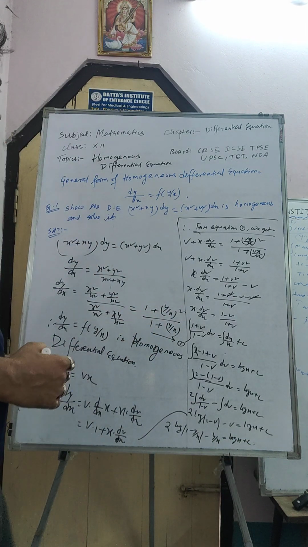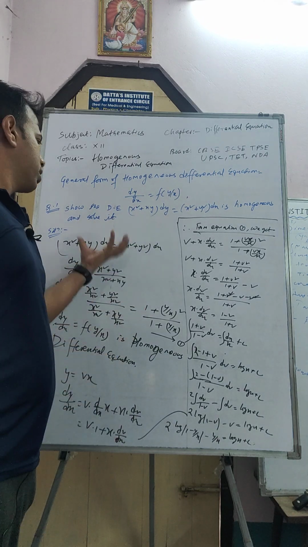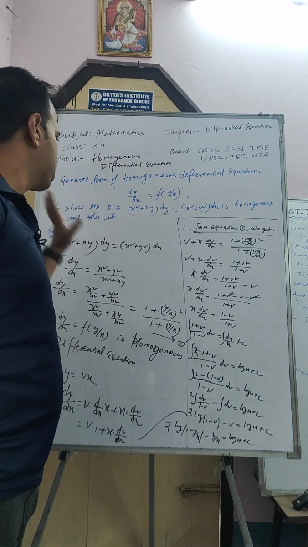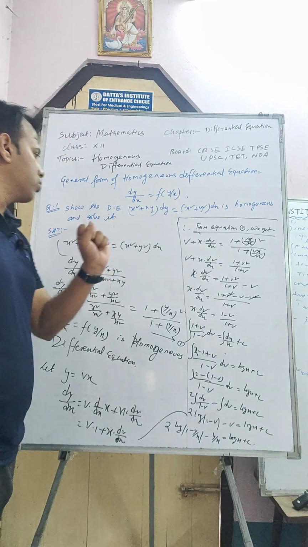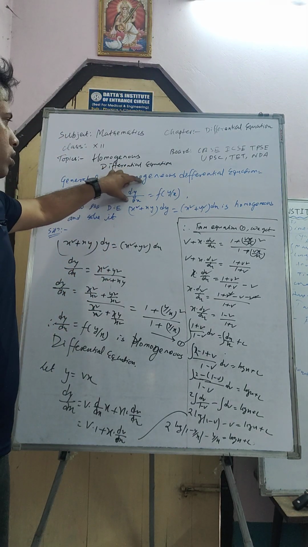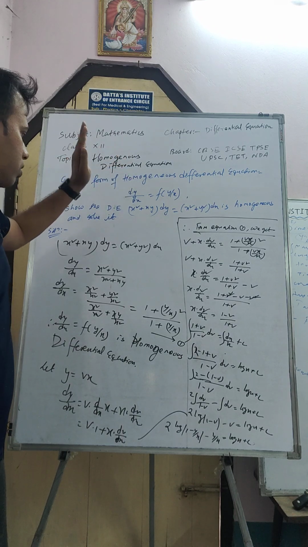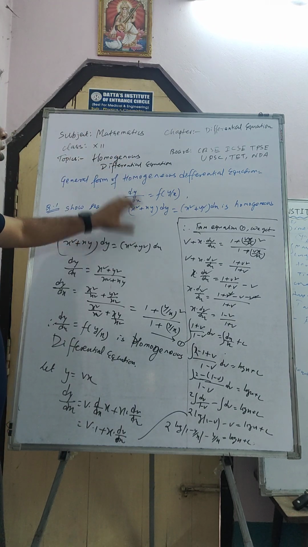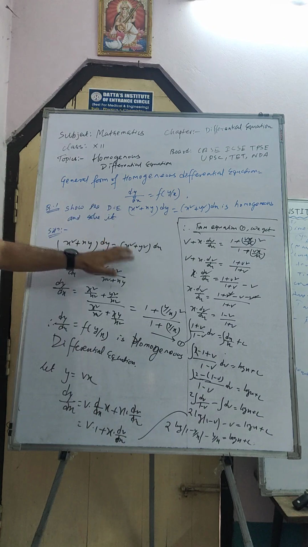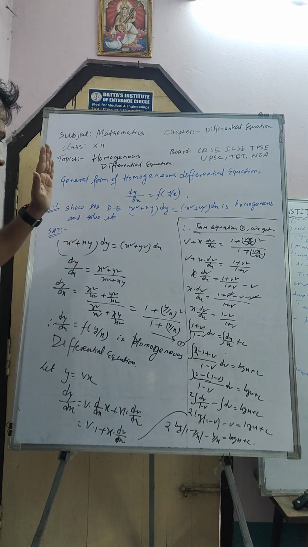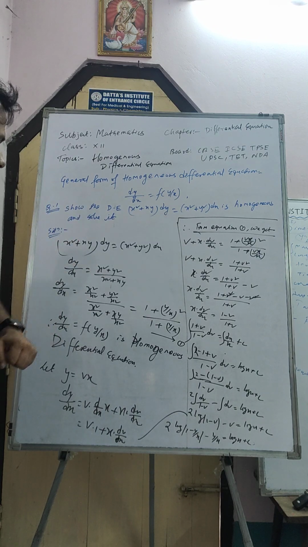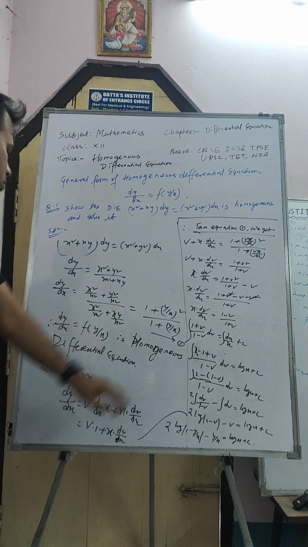So it's so simple. So let me explain again. This is the differential equation. So we first have to show that this is a homogeneous differential equation. You have to convert the differential equation into the form dy by dx equals f of y by x. So I write this equation, cross multiply, and after that I divide both numerator and denominator by x square, and this became a homogeneous differential equation.